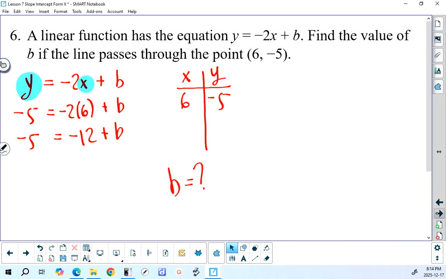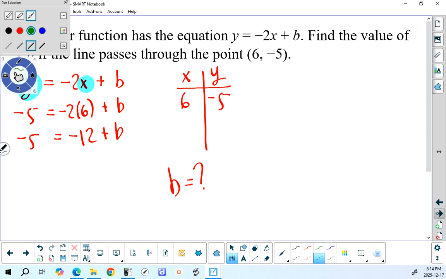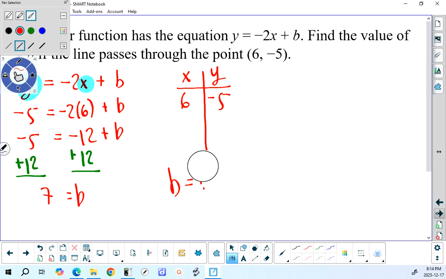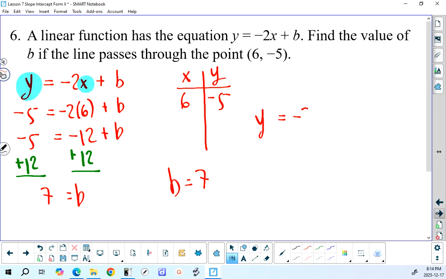I want to get b by itself, so I add 12 to both sides and get b is equal to 7, negative 5 plus 12. So b is equal to 7, which means the equation is y equals negative 2x plus 7.